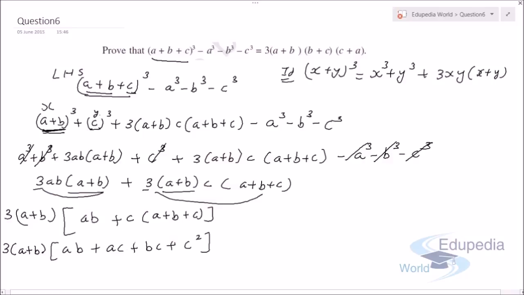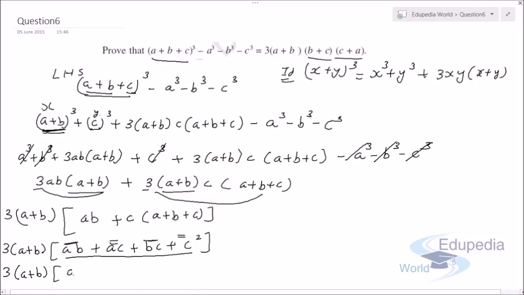Now we can factorize this whole term so that we can get our remaining part (b plus c) into (c plus a). Let's see how. We write 3 into (a plus b), and now we arrange ab with bc and ac with c square.